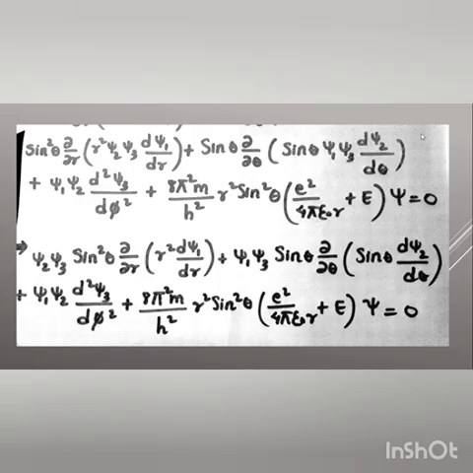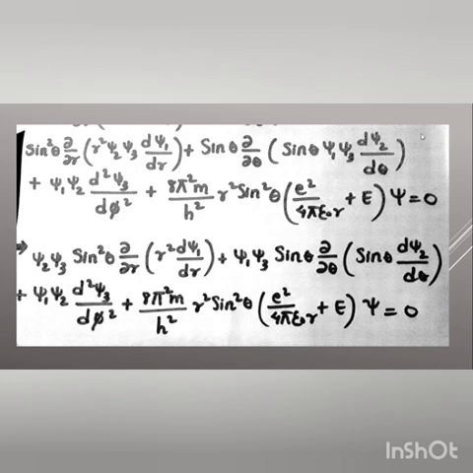When you substitute these values in equation number 3, what you get is sine square theta partial by partial r square psi 2 psi 3 del psi 1 by del r plus sine theta partial by partial theta sine theta psi 1 psi 3 del psi 2 by del theta plus psi 1 psi 2 del square psi 3 by del phi square plus 8 pi square m by h square r square sine square theta times e square by 4 pi epsilon naught r plus e psi equals 0.